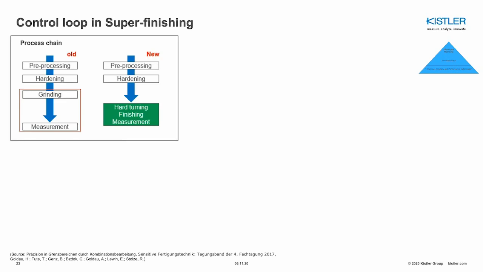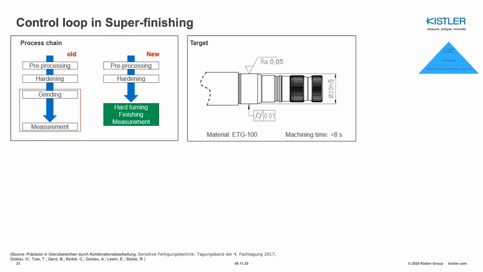In another case, control loop in honing, the intention was to change from grinding and measurement in two different machines to finish honing and measurement in the same machine. The part is, as you can see here, the limitations are surface roughness and cylindricity.